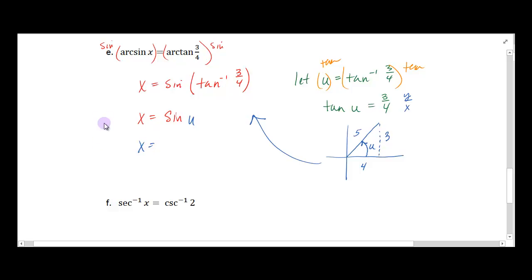That would be equal to y over r, and y is 3, r is 5. So what we found out is that x in this case is 3/5. Okay, so it's kind of a roundabout way to do it, but we're basically using functions and their inverses multiple times. So let's try that again.